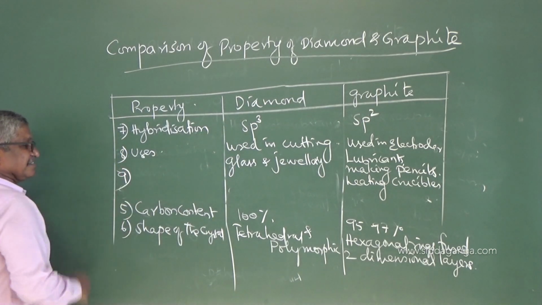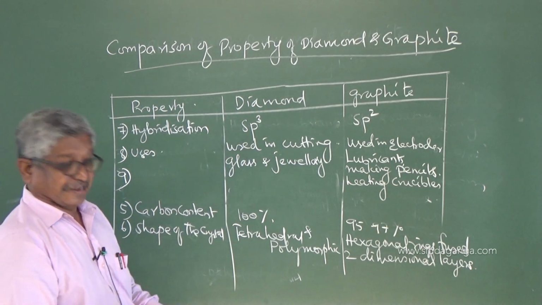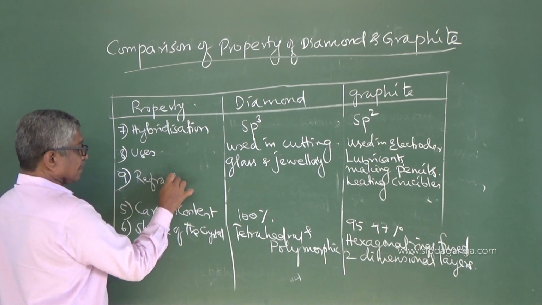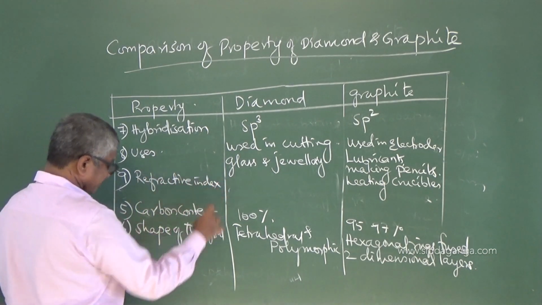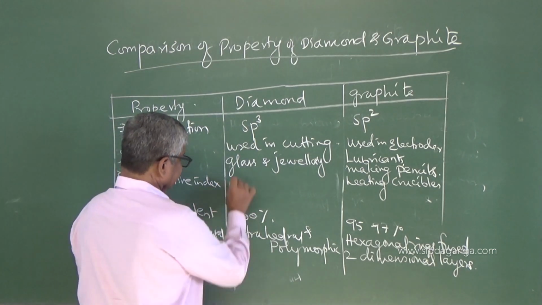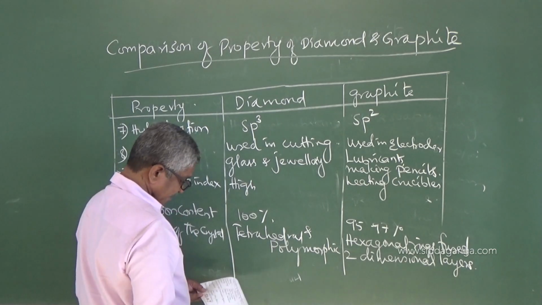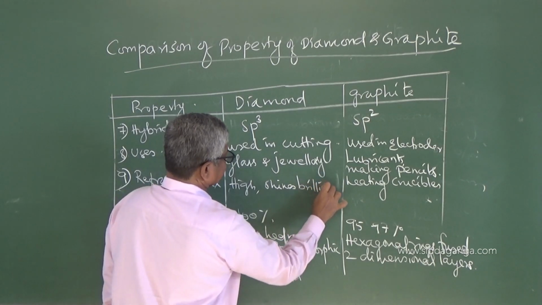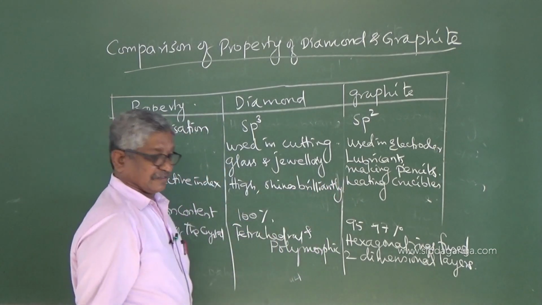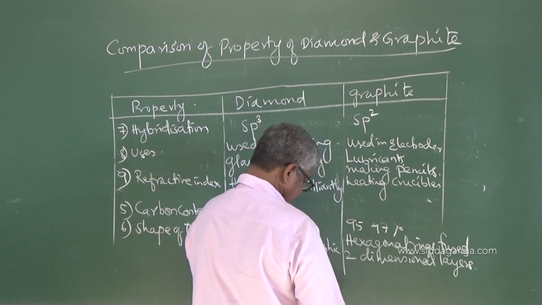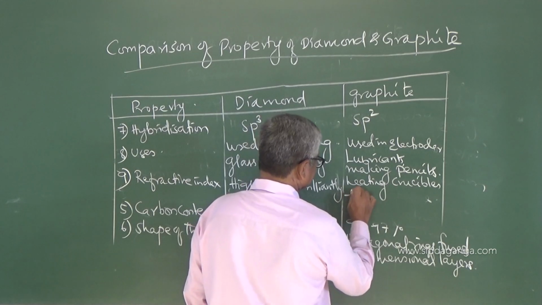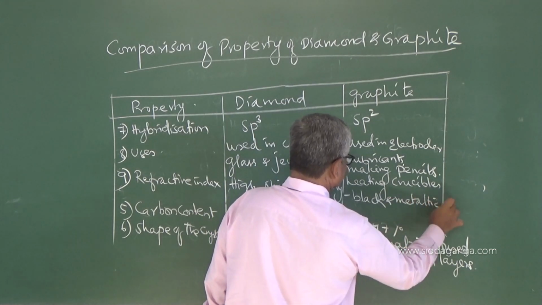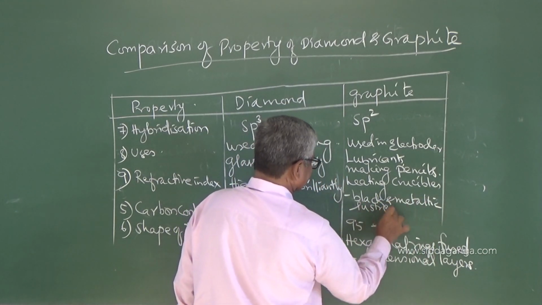Next, the difference in the properties of diamond and graphite is refractive index. Refractive index is high for diamond and it shines brilliantly, and graphite is black with metallic luster.